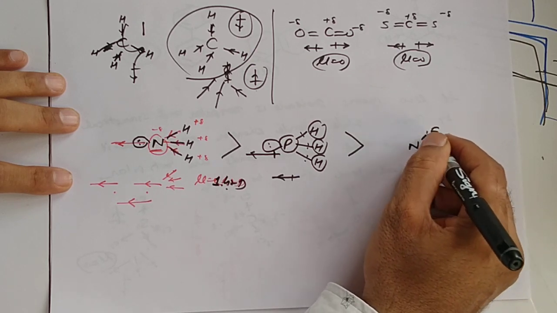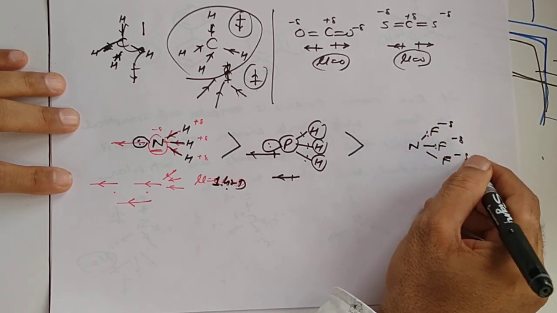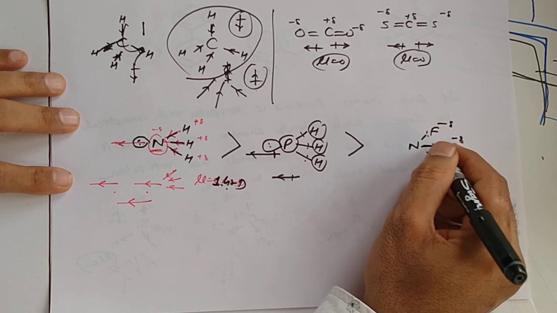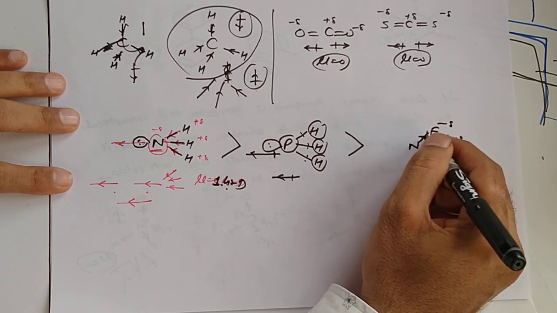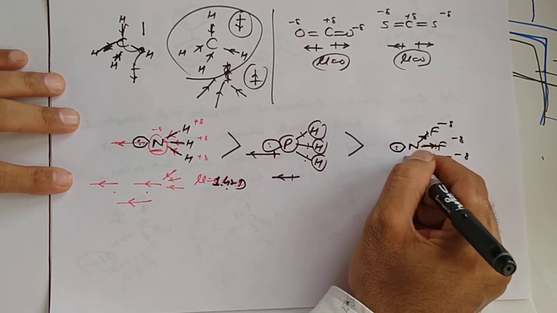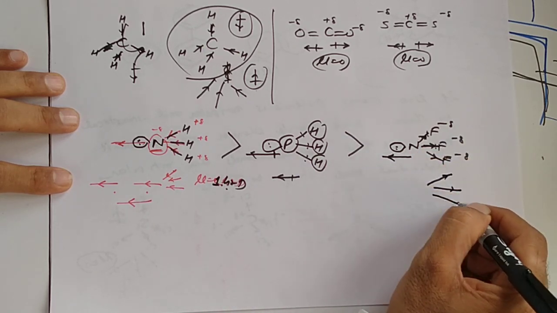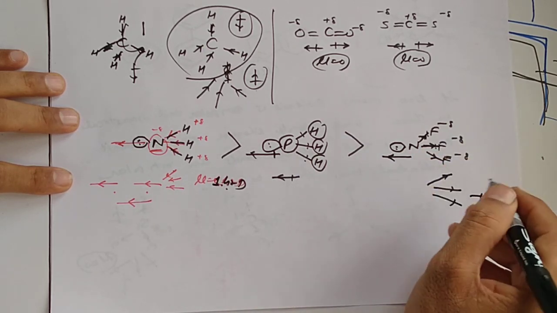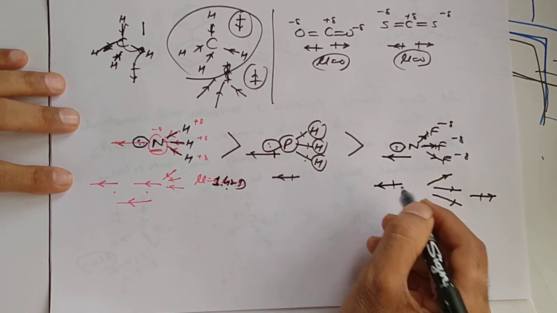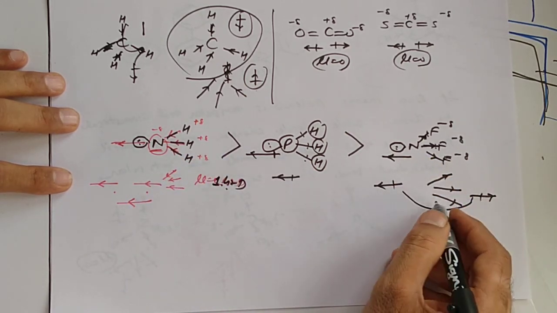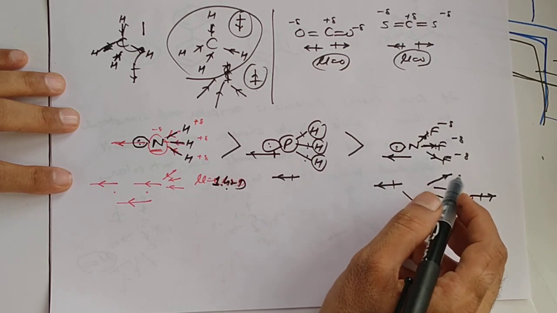Why? The electronegativity of fluorine is higher. So polarity is toward fluorine from nitrogen, and one lone pair, this one here. These three average gives the right hand side, and this one on the left hand side. So both will cancel, but the net value is not zero.